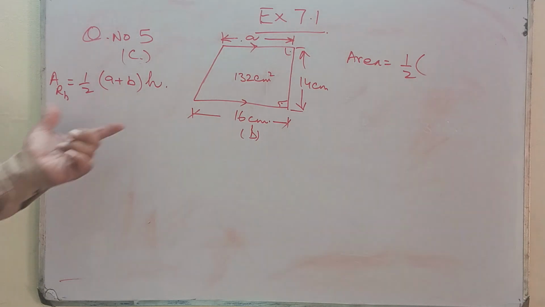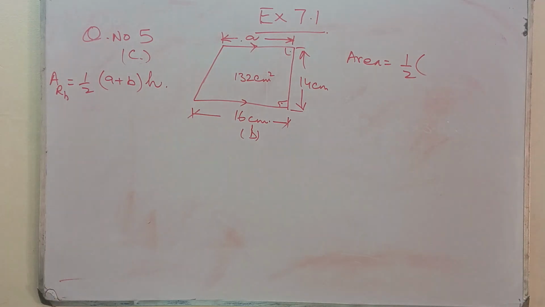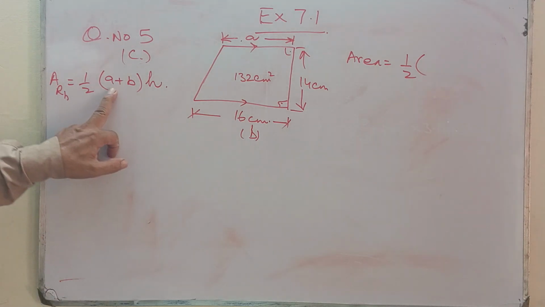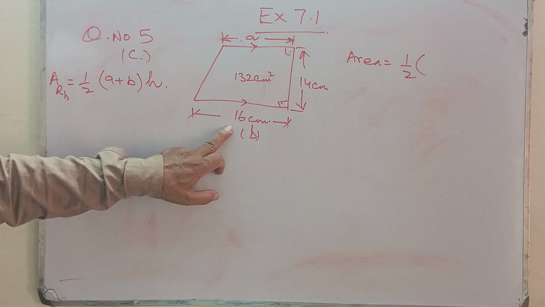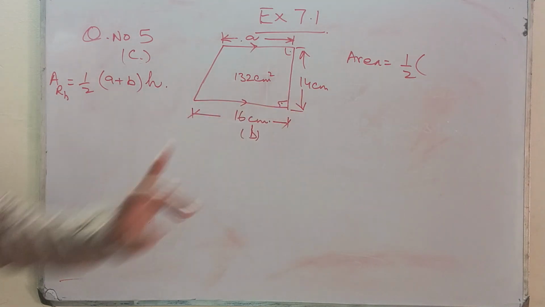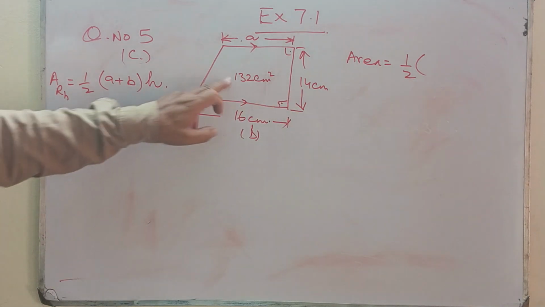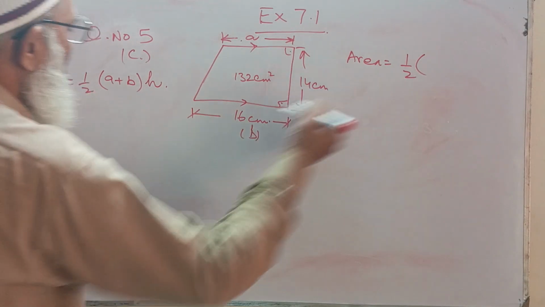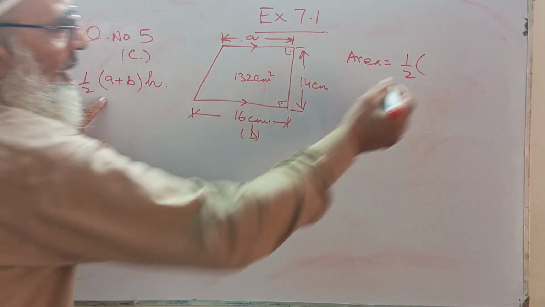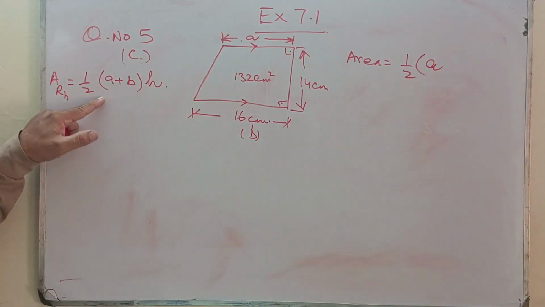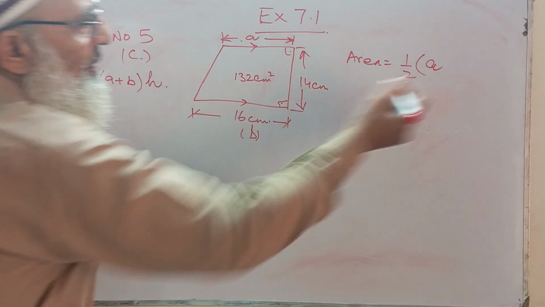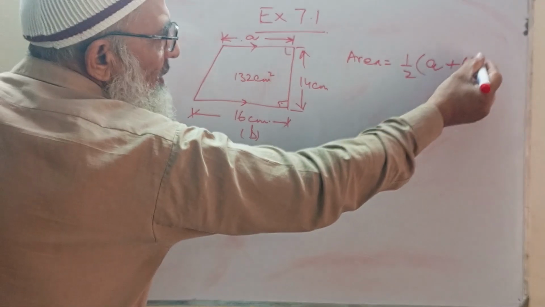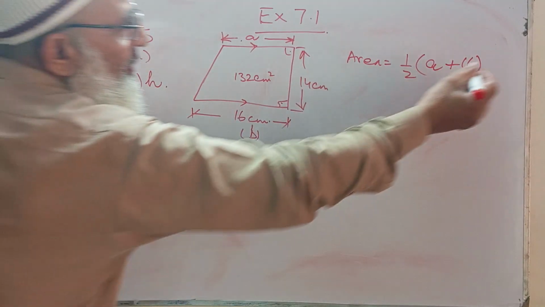Now everything is over here. We don't know A. B is given 16, H is given 14, area is given 132. Just manipulate everything and you will get it. Now this is half. A is unknown to us. B is equal to 16 and H is 14.